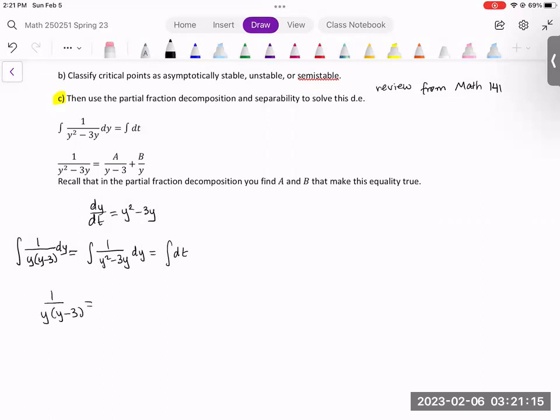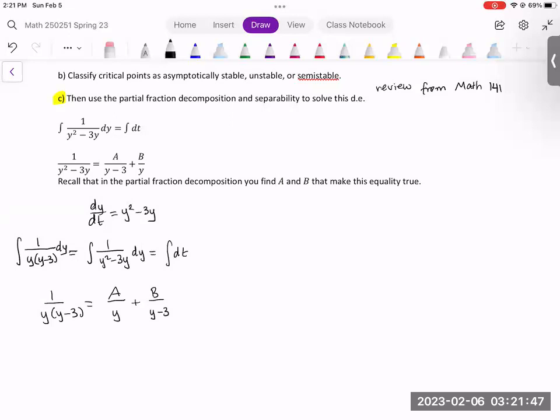So what we're going to try and do is find unknowns a and b so that these fractions a over y and b over y minus 3 sum to give you 1 over y times y minus 3. Now this is a sensible idea, because if we were trying to find a common denominator between these two terms, multiplying the two terms together gives us a good common denominator.